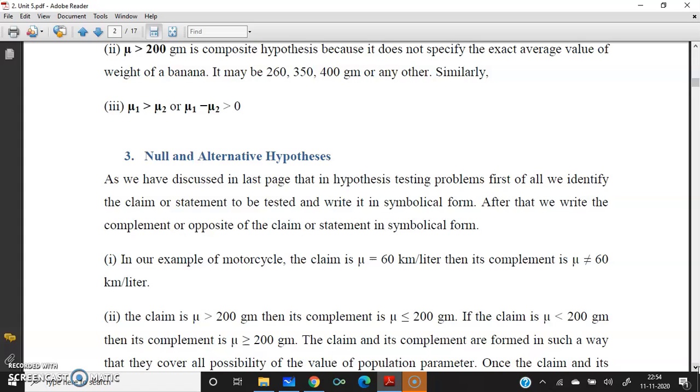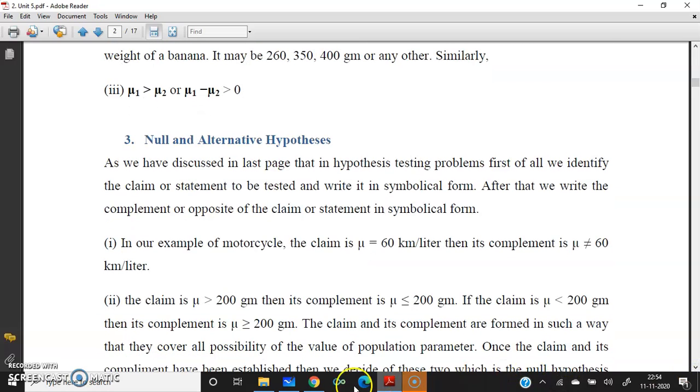First of all, we identify the claim or statement to be tested and write it in symbolic form. Whatever claim you want to test, we write in symbolic form, like mu equal to 0, mu1 equal to mu2. After that, we write the complement or opposite of the claim or statement in symbolic form.